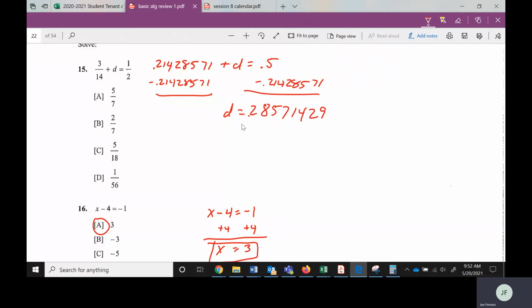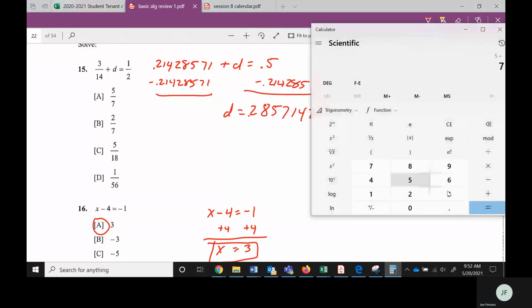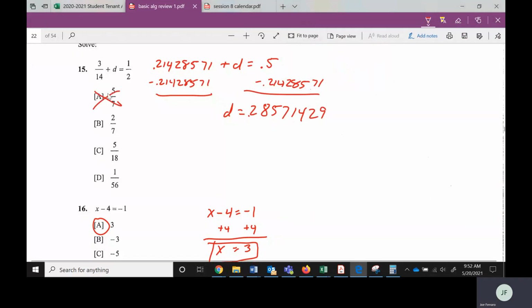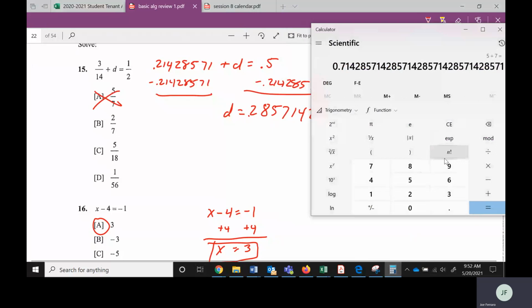We have to test these. Okay, so meaning over here, we have to go 5 divided by 7. That equals 0.714, so that's out. We're going to go 2 divided by 7, 0.28571, 0.28571.